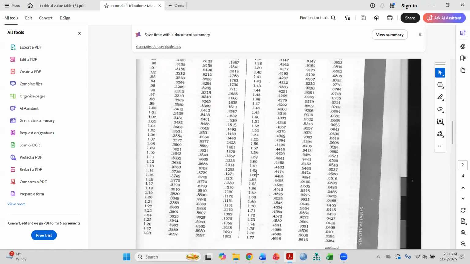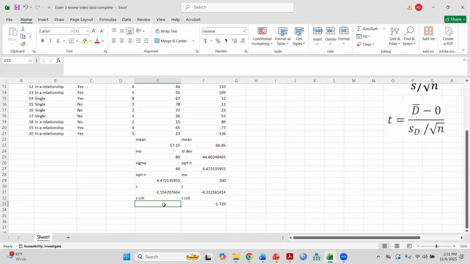Most statisticians use the value of 1.64 for whatever reason, but you get a similar answer regardless. So 1.64. Now, it's actually negative 1.64 because we're looking at the left side of the distribution, because we're interested in whether our sample mean is lower than our population mean.